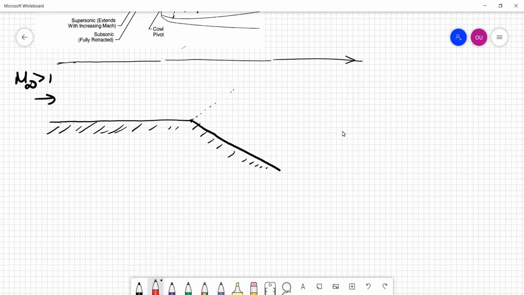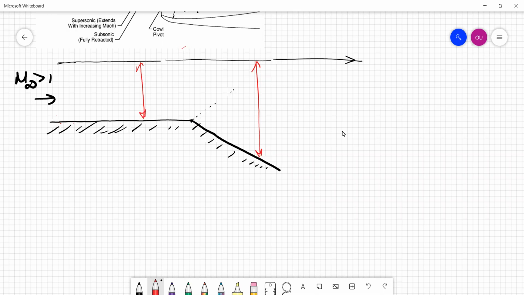The initial area between the streamline and this body was like that, but after this corner, it's suddenly a big expansion. The area suddenly increased. The opposite was the case for the ramp: the area suddenly decreases, and we say the gas is compressed. So when gas is compressed, because of the sudden area decrease, it creates an oblique shock wave.